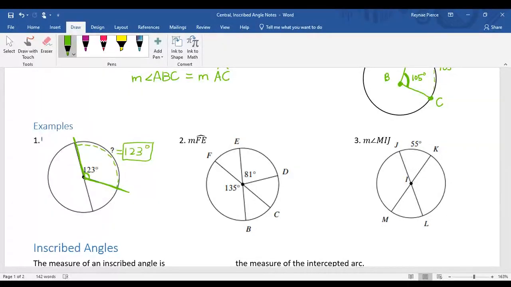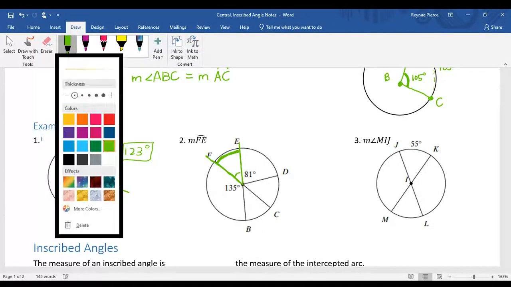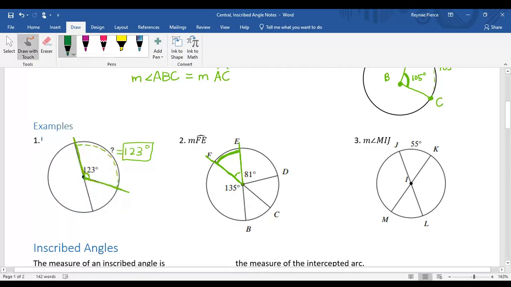Here, FE is the intercepted arc that we're looking for. If we follow those sides back, we need to find the measure of this angle first. One thing I notice is that E to B goes through the center. That is our diameter.